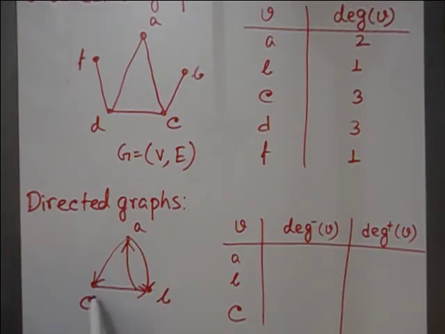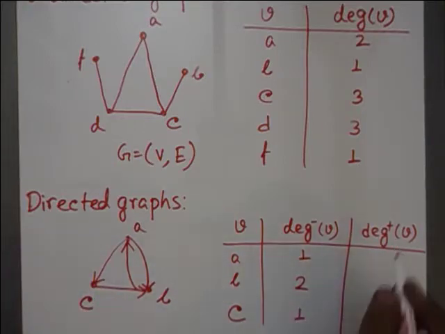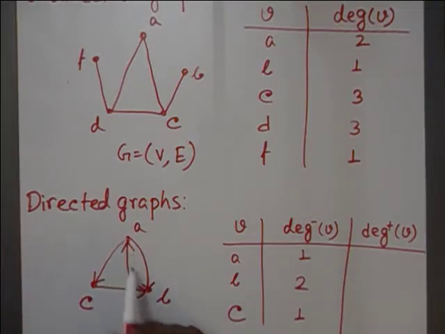How many edges are going into that vertex? For example, A, this edge is going in and that's it, 1 edge going in. For B, there is this edge going in, this edge is going in, so 2. And for C, only this edge is going in, so 1. For out degree, how many edges are going out? From A, there are 2 edges going out. For B, 1 edge is going out, 1.